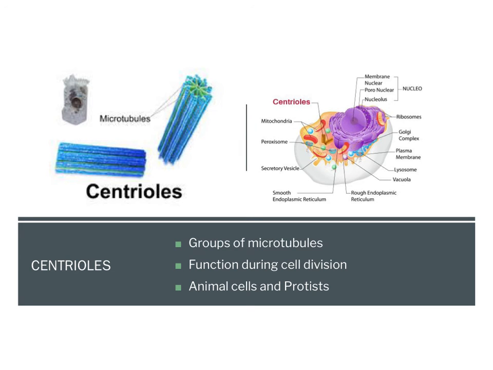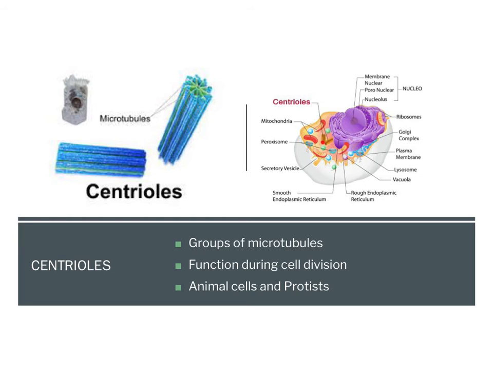Next is an organelle called a centriole. Centrioles are just groups of microtubules, and they just function during the process of cell division. These are located in the cytoplasm of animal cells and most protists, and they're typically found near the nucleus.